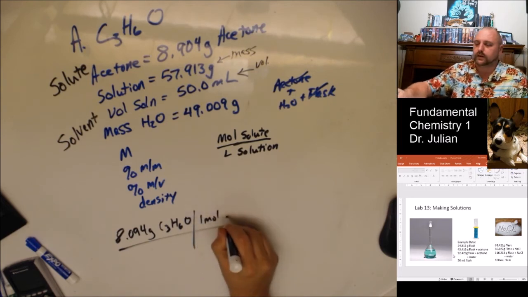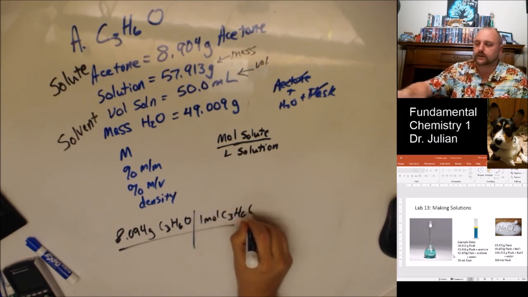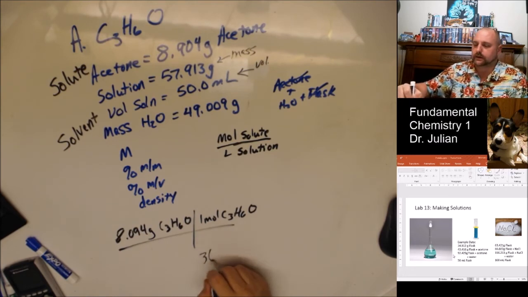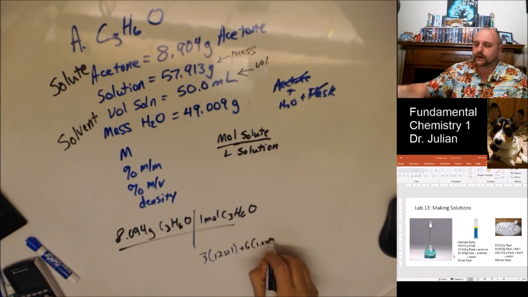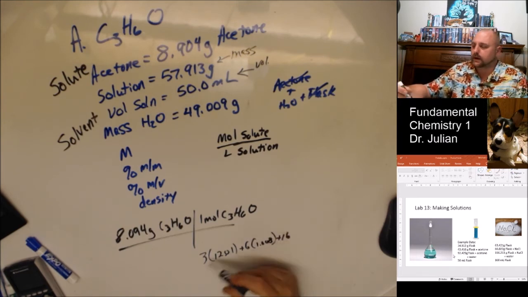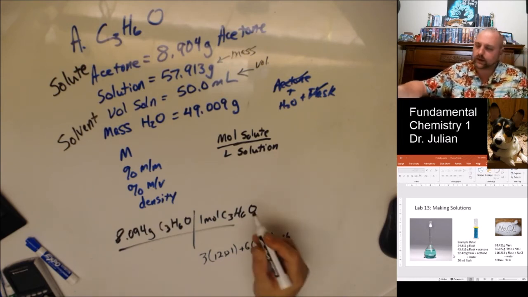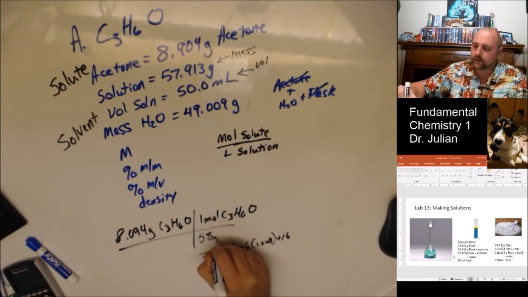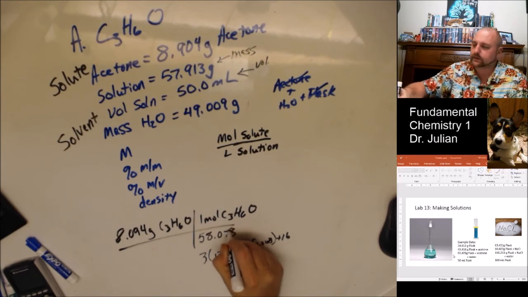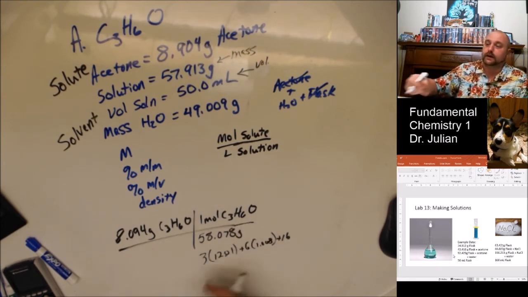1 mole C3H6O. Let's see, that'd be 3 times 12.01 plus 6 times 1.008 plus 16. Oh no, too much math. 58.078 grams. Now that'll tell me how many moles.